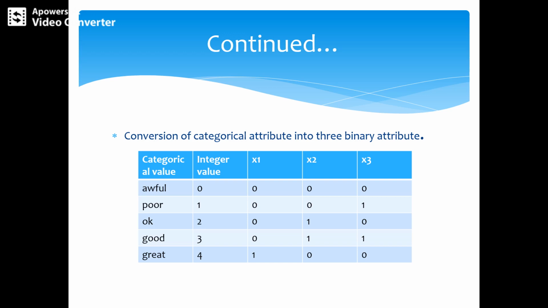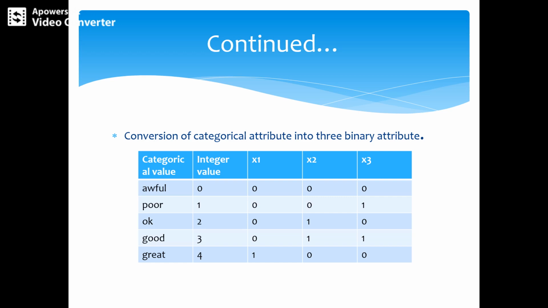The result can be represented either as a set of intervals, x0 to x1, x1 to x2, and so on up to x n minus 1 to xn, where x0 and xn may be minus infinity and plus infinity respectively, or equivalently as a series of inequalities: x0 less than x less than or equal to x1, and so on up to x n minus 1 less than x less than or equal to xn.